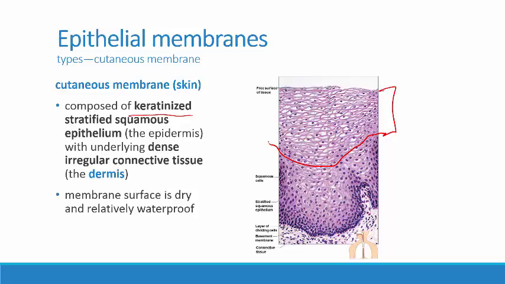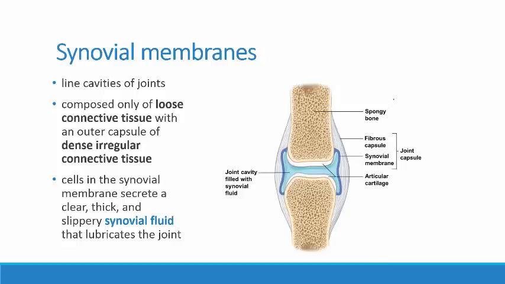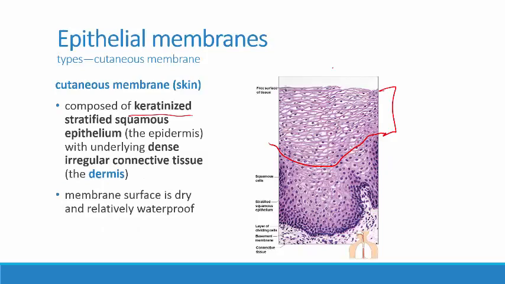The membrane surface is dry and relatively waterproof, so we don't get moisture passing directly through in either direction. It's blocked by all the keratin that is filling the cells at the top layers of the cutaneous membrane.